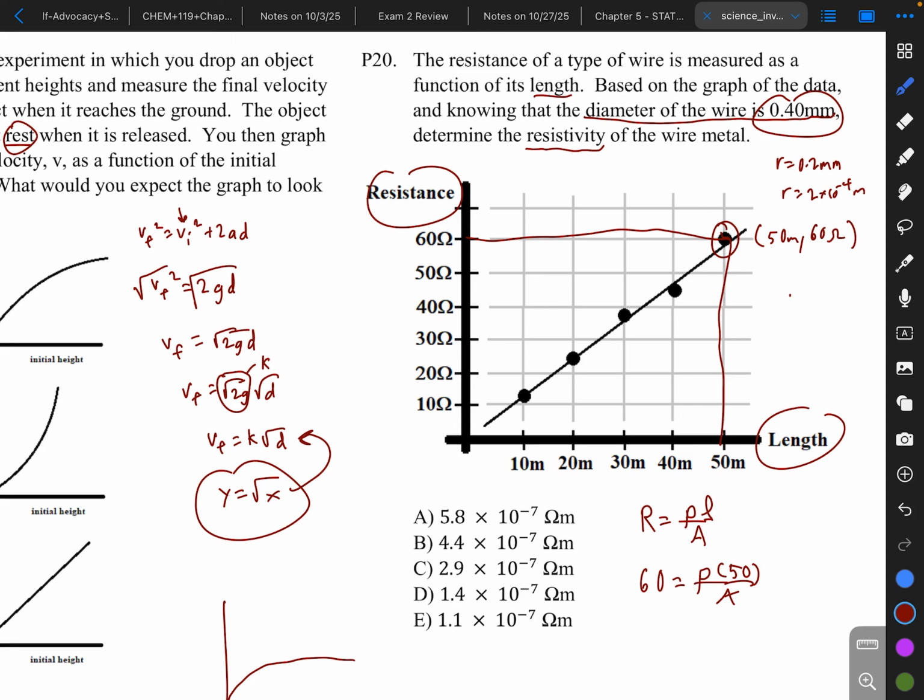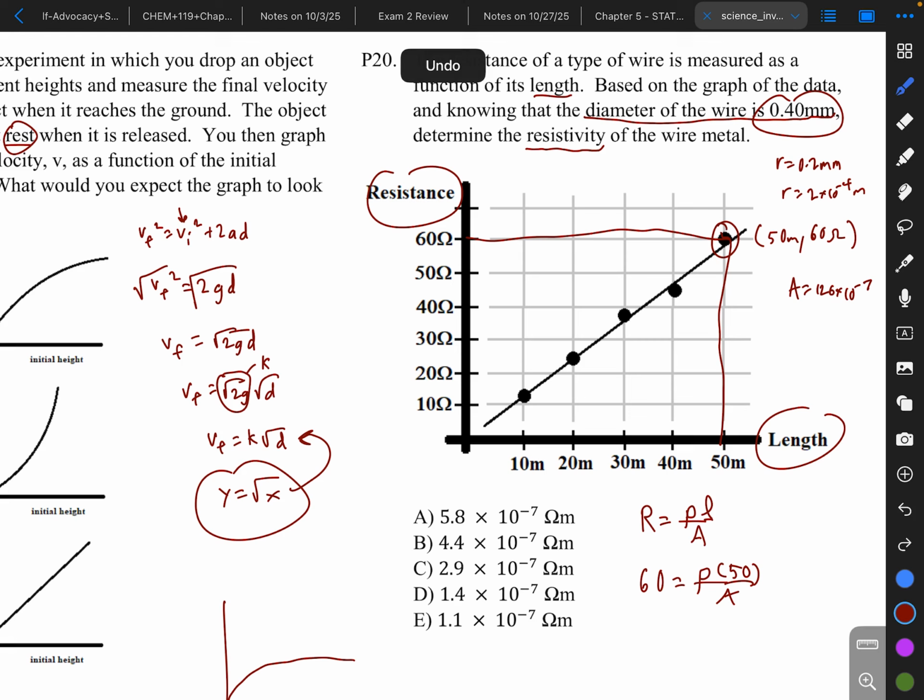So using the area equals pi r squared formula, you would get 1.26 times 10 to the power of negative 7.